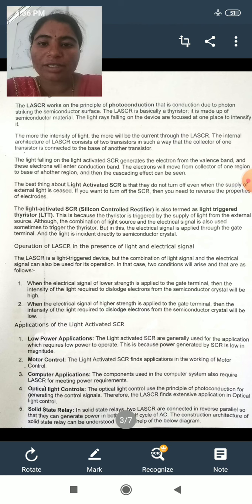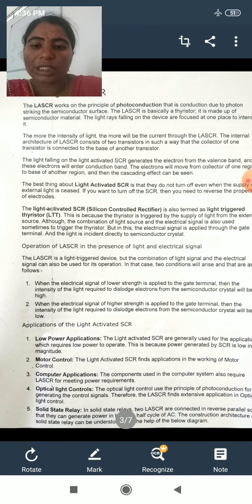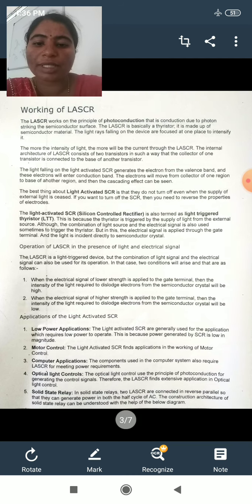Due to this light intensity, more electrons flow, current flows through this LASCR, and due to this current flowing through it, it gets turned on. The operation is the same.